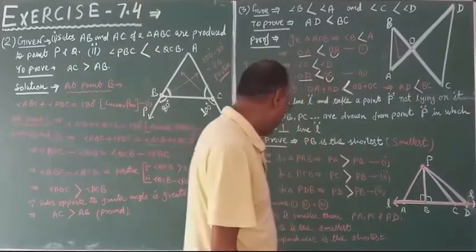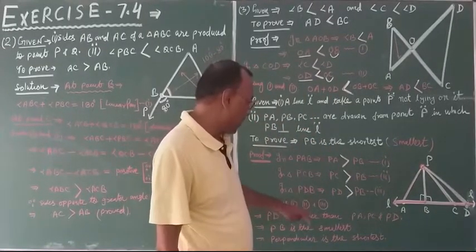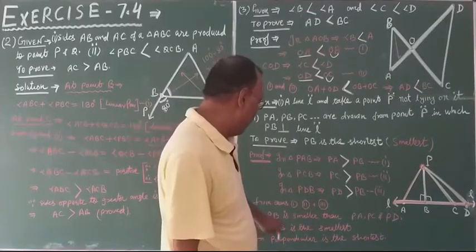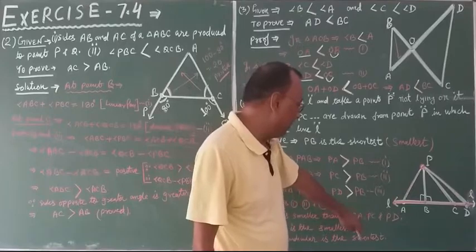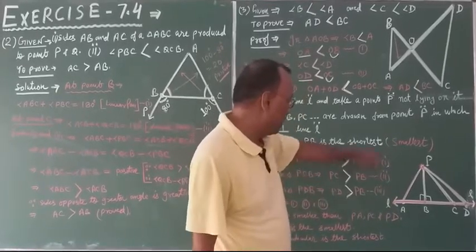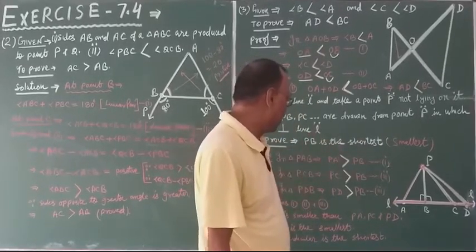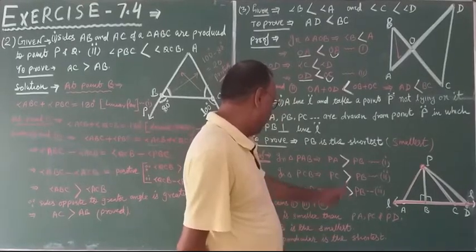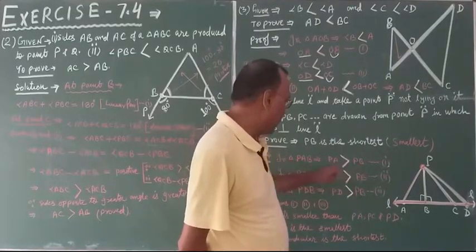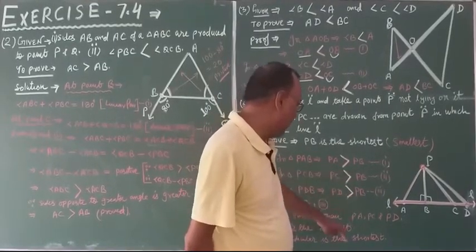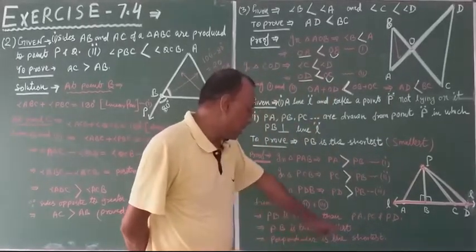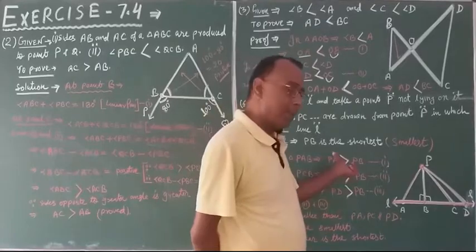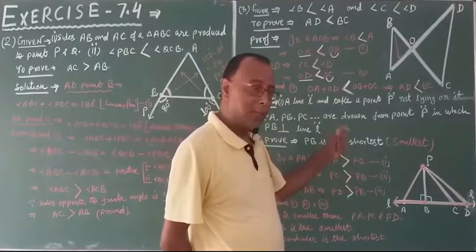It means from equations first, second and third, PB is smaller than PA, PC and PD, etc. It means PB is the smallest. PB is the smallest.